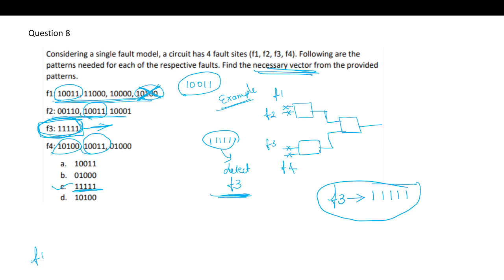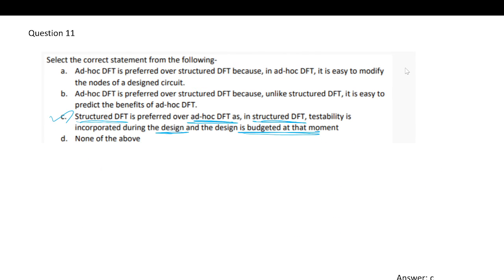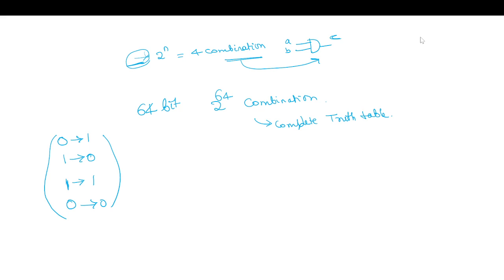To detect, say, F1, F2, F3, F4 faults, we can say that this pattern and this pattern will be sufficient. Any doubts? Any questions?